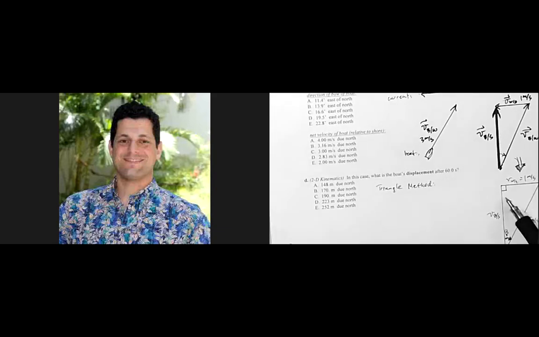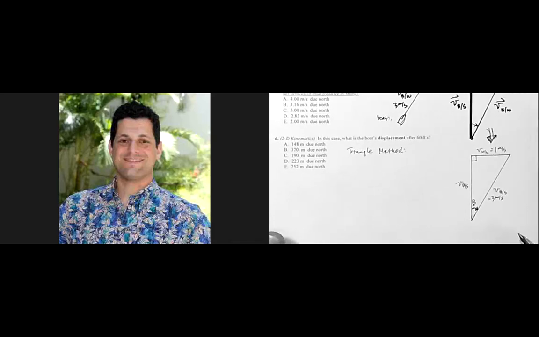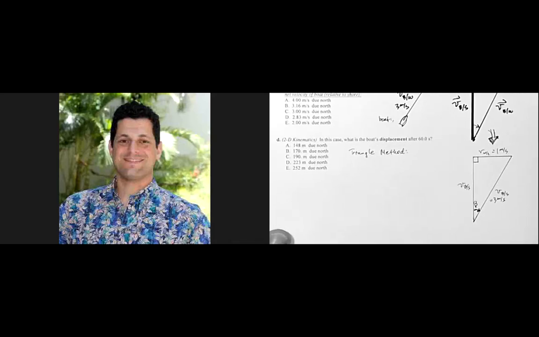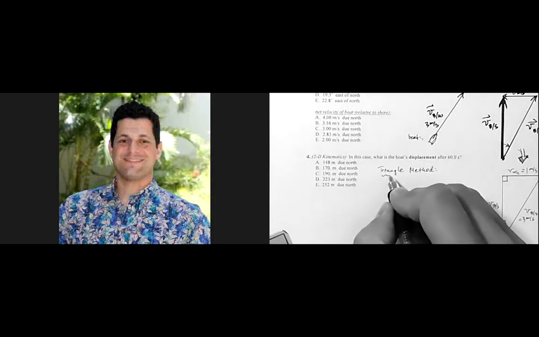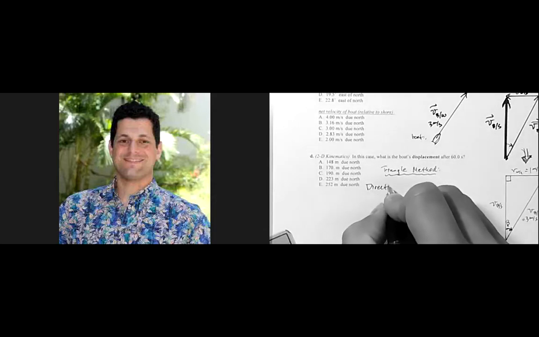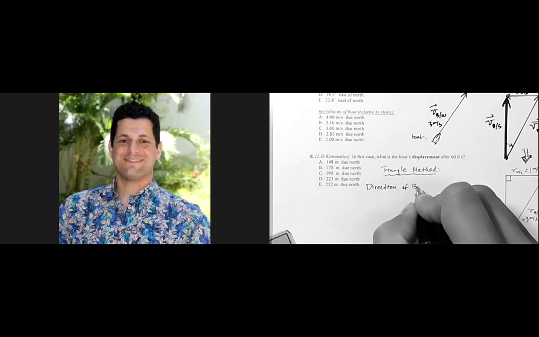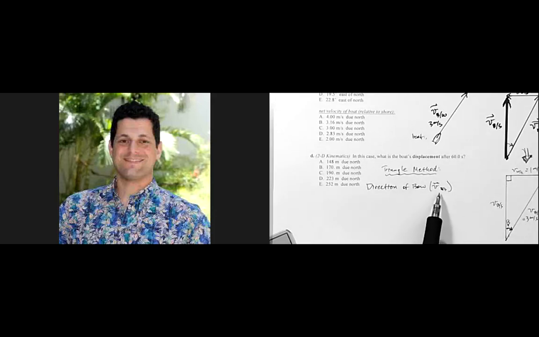I know two sides and an angle on this triangle. So therefore, I should be able to solve for any of the other sides and angles. The first question here asks for the direction of the bow of the boat. So let's go ahead and find the direction first.